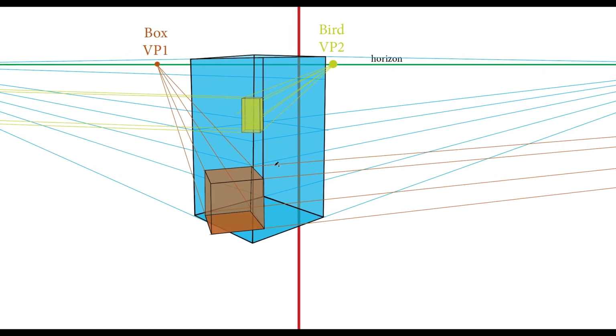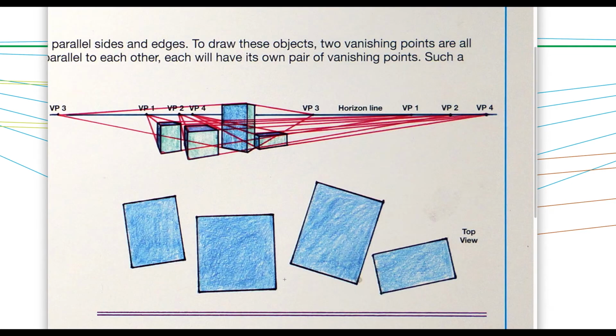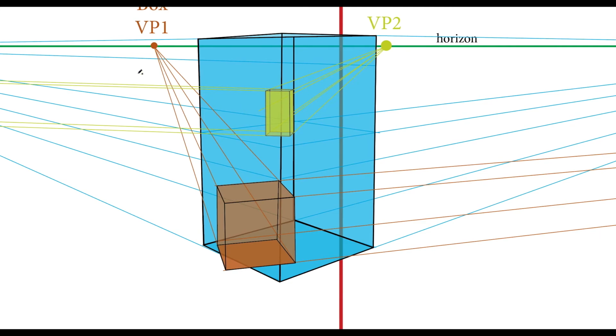because objects in real life are never going to line up the way our convenient art school boxes do. So you need to learn multiple vanishing points, and this is a huge step in learning perspective.